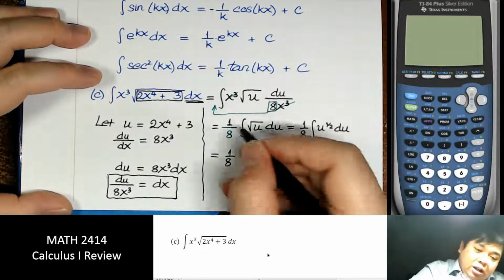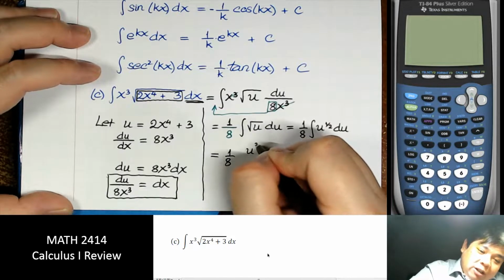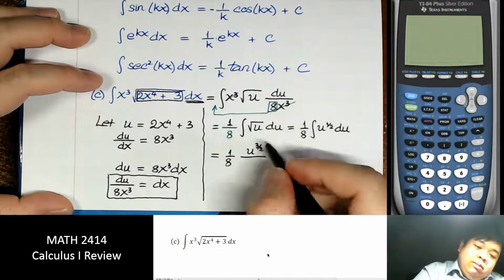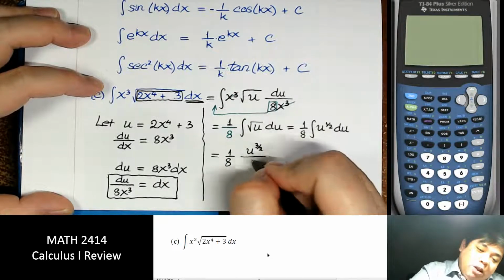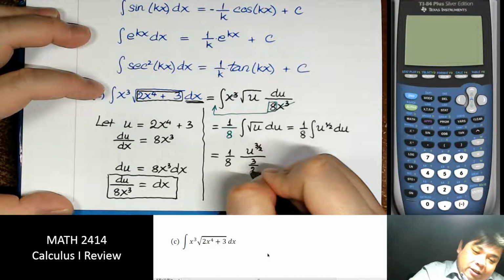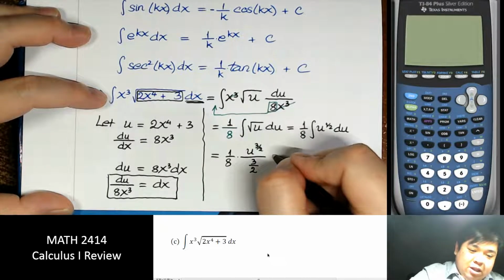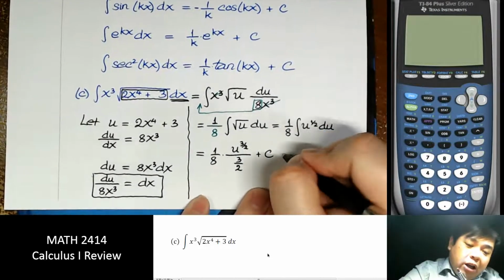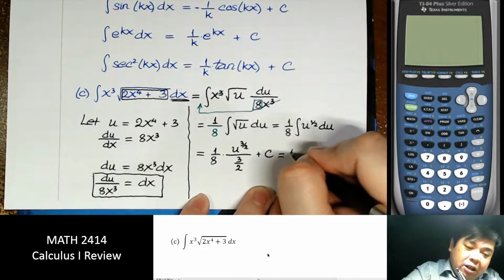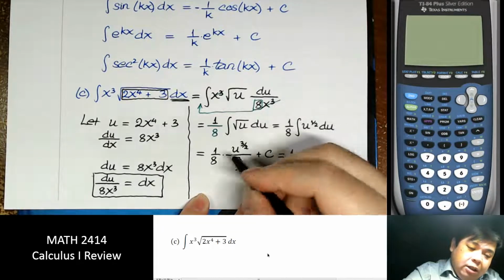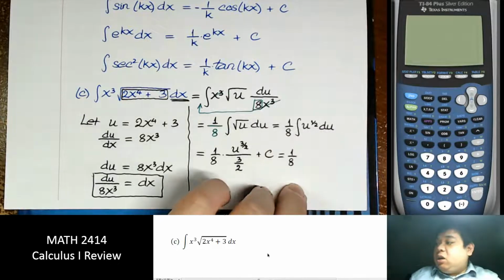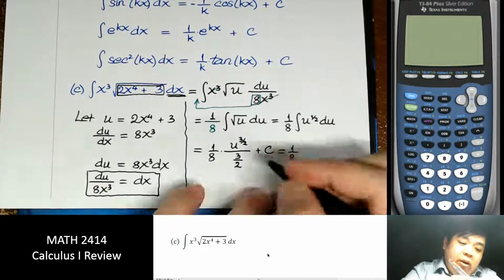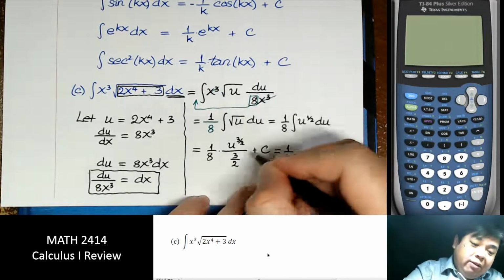Now apply the power rule. Increase the power by 1, so u to the 1/2 plus 1 will be 3/2. And then at the bottom will be the same as the power, 1/2 plus 1, which is 3/2. Multiplying fractions, the 3/2 is at the bottom, so we divide by 3/2.